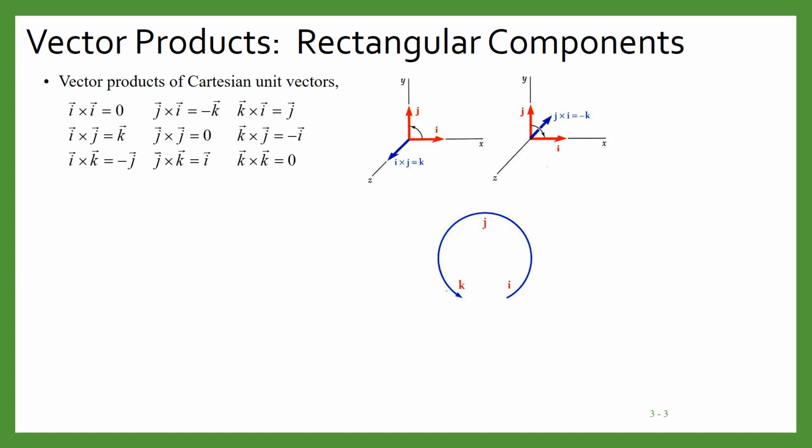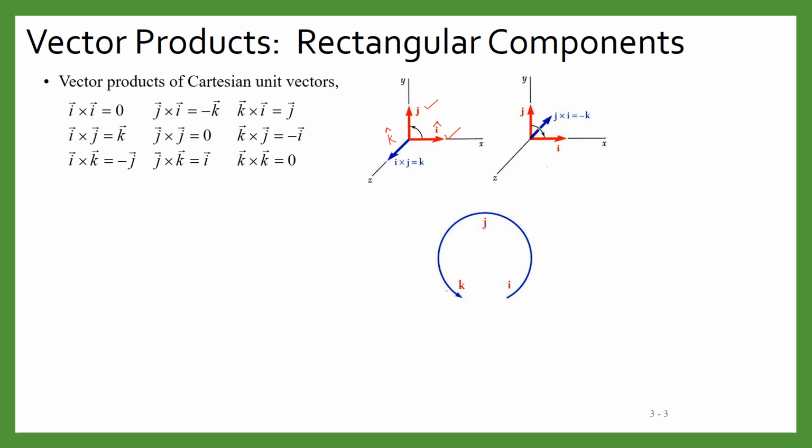Now, since we are dealing with forces and displacements, and we will be taking the components, we know that i is the unit vector in x direction, j is the unit vector in y direction, and k is the unit vector in z direction.